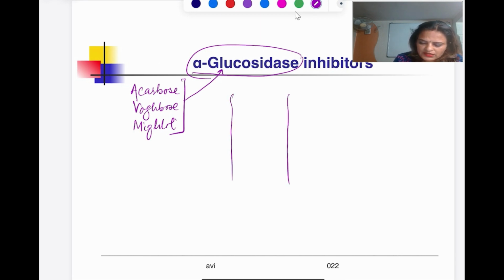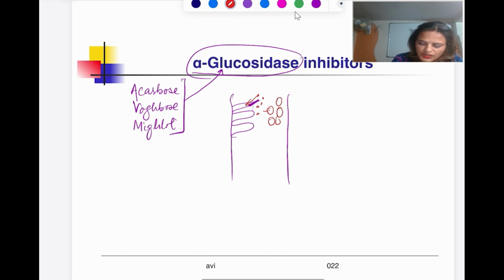This is the lumen of the intestine, and here alpha glucosidase is present. It breaks down the bigger particles of whatever food you have taken into small particles and helps in the absorption in the intestine. This is the action of alpha glucosidase.